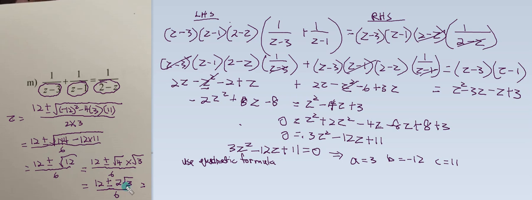Take out a common factor of the numerator, which is 2.